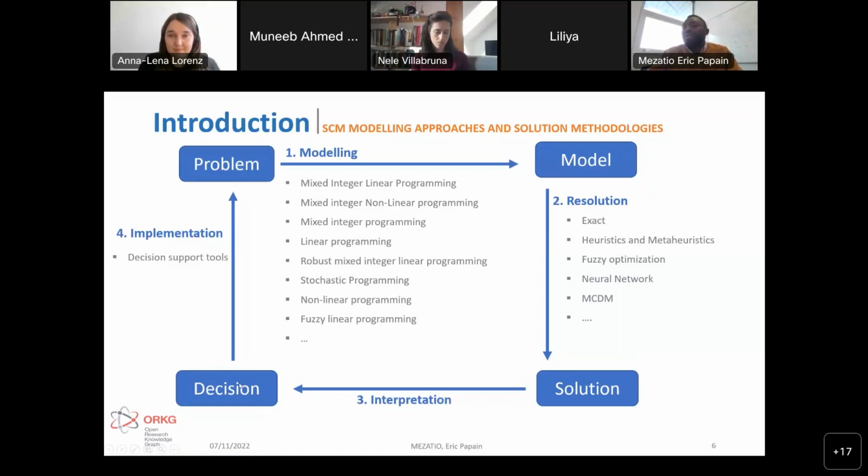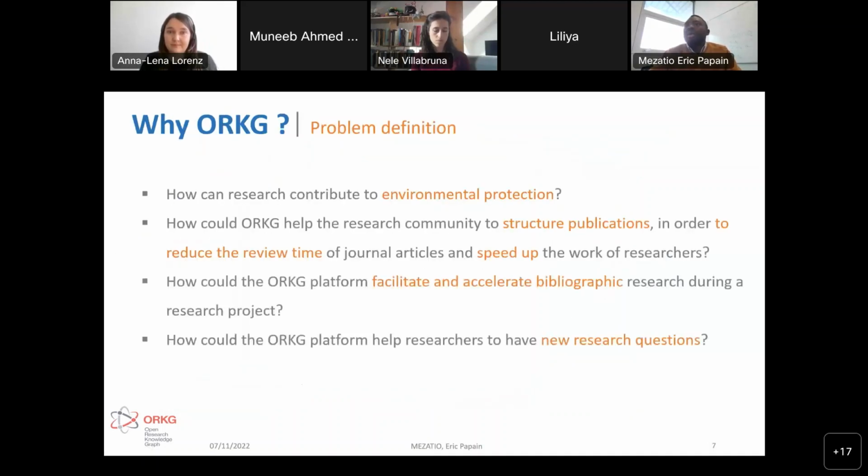Then, if your decision is good, you can implement your solution method inside the support tool and put it into production. So why is ORKG very interesting in my area?